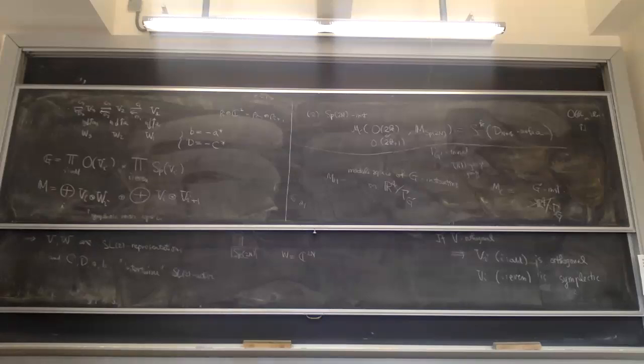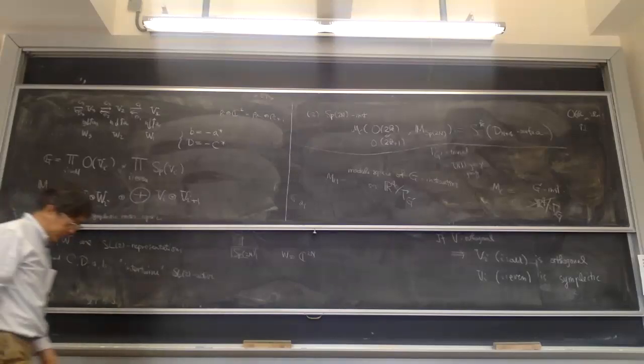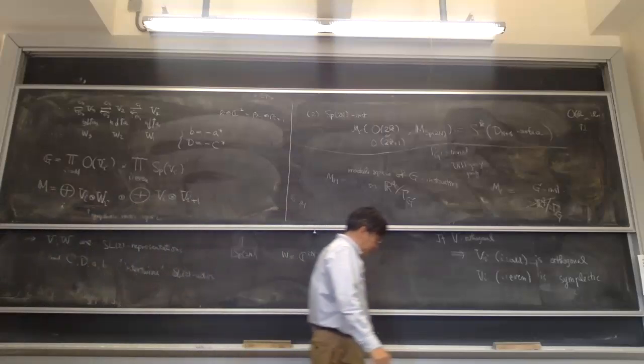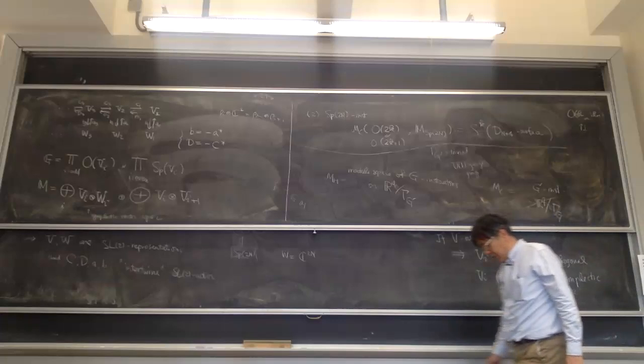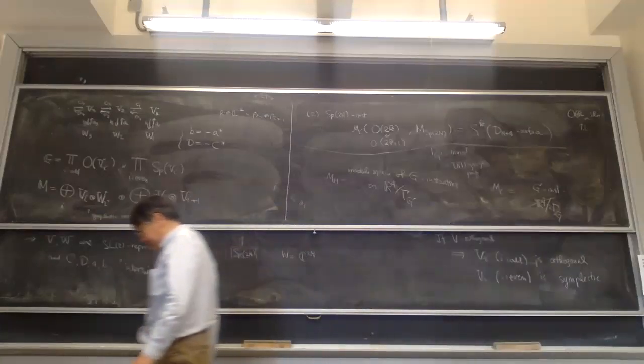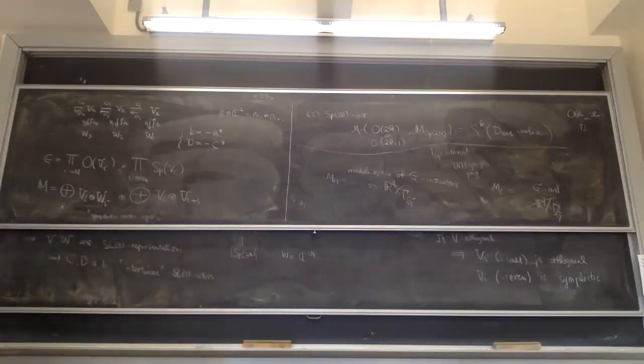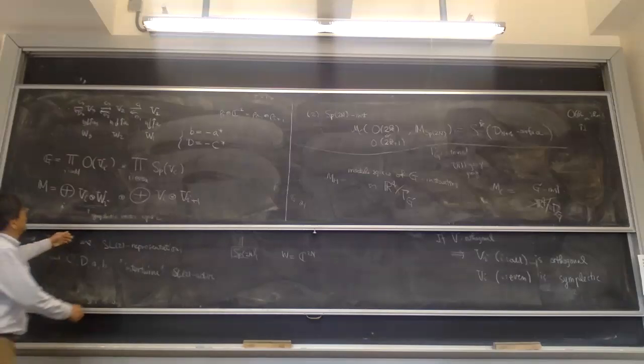A and B, little ones, are just, I don't have a good explanation. So it is about the representation.